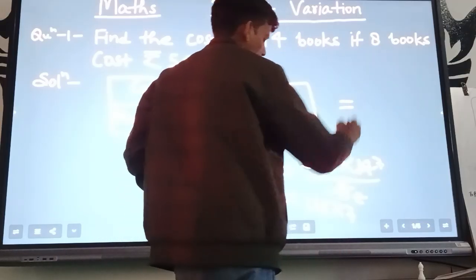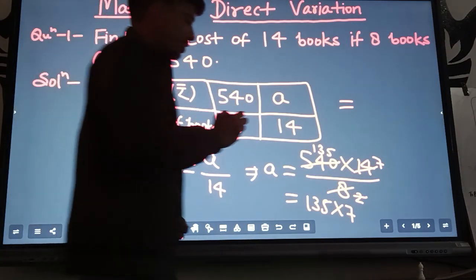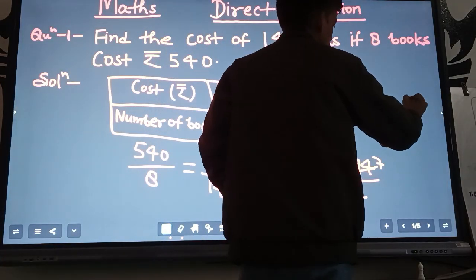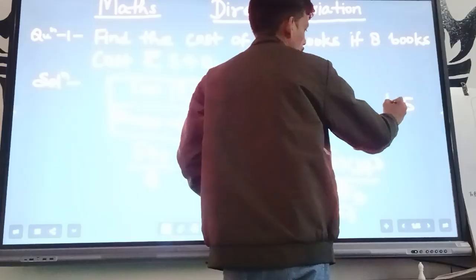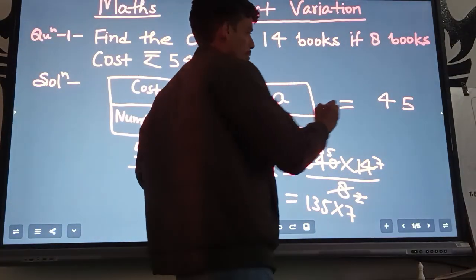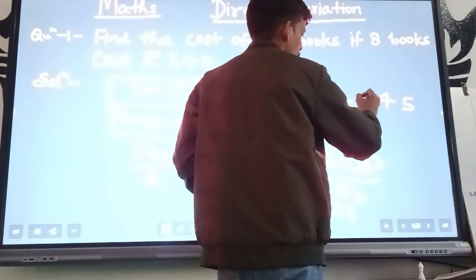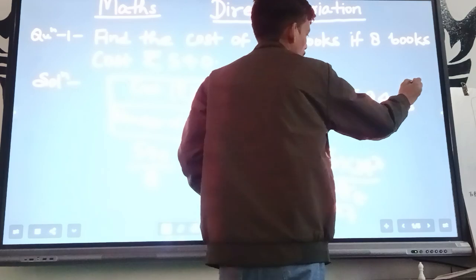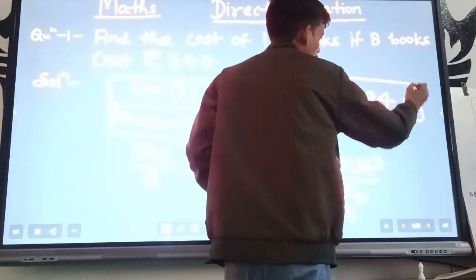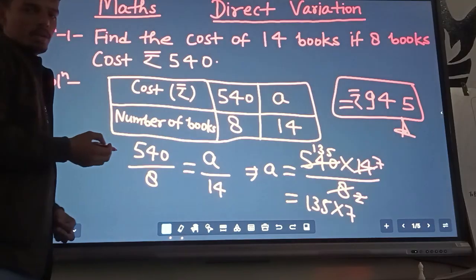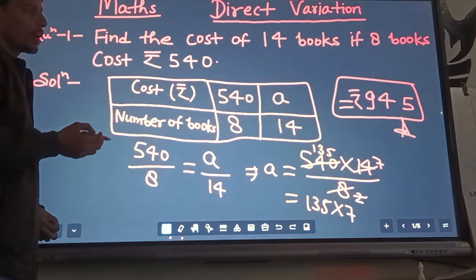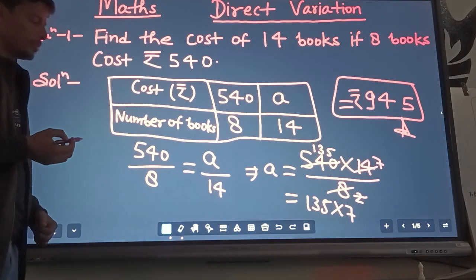So our answer is 7 5s are 35. 3 carry, 7 3 are 21 and 3 24. 4 2 carry, 7 is 7 and 2 9. Rupees 945. It is our answer. It is the value of 14 books. Rupees 945.